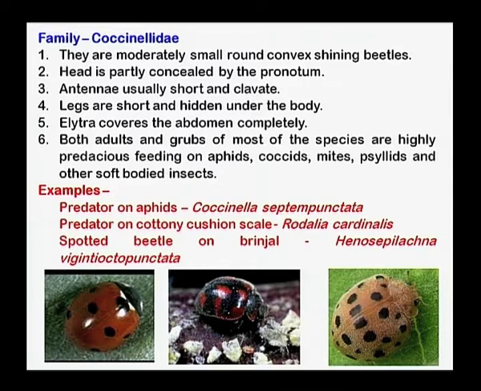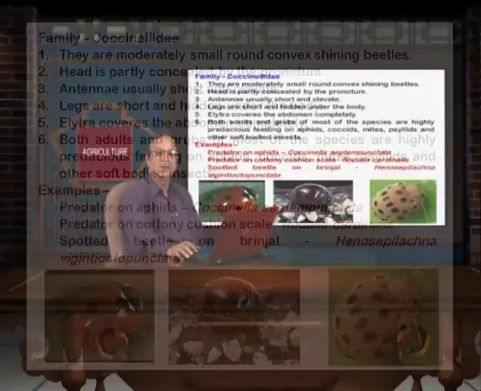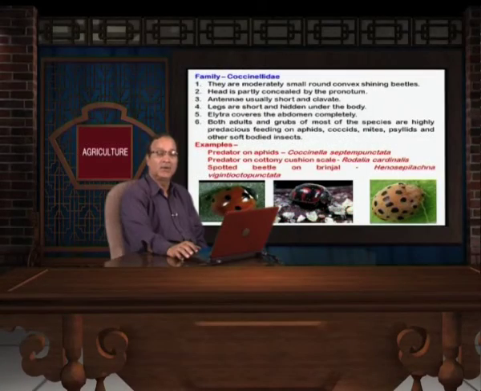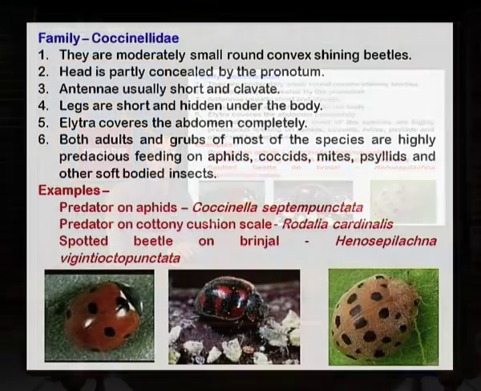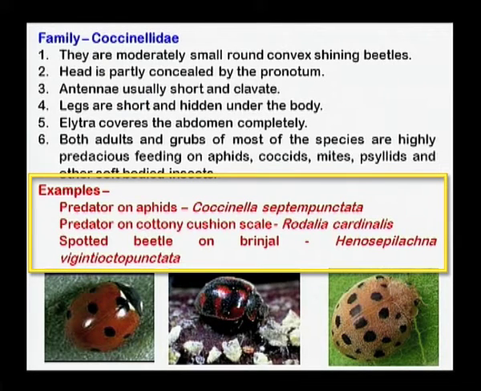Legs are short, but they are hidden under the body. Elytra cover the abdomen completely. The adult as well as the immature stages are predatory in nature. They feed mostly on insects. Most of the coccinellids are predators which prey on aphids. Similarly, Rodolia cardinalis is another predator which feeds on an important pest, the cottony cushion scale.